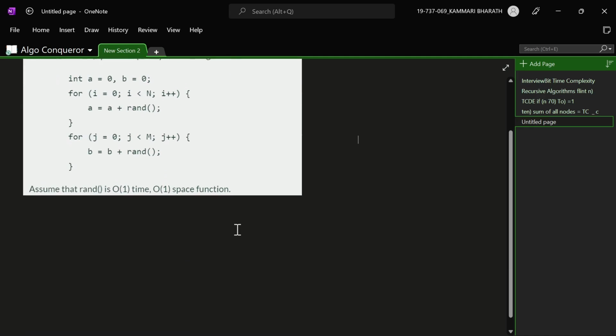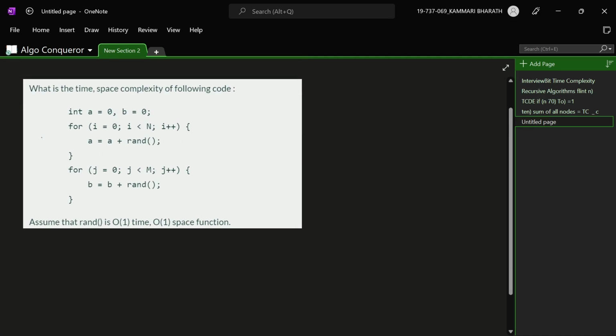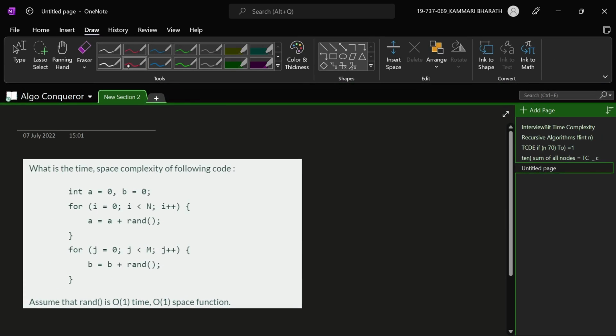Now you have to write the number of instructions equation. So how many instructions are getting executed in this function or block of code?